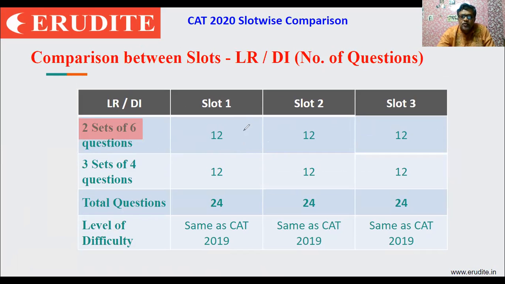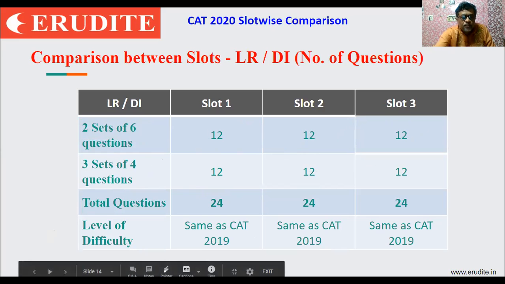We have seen one DI-based combo graph present. The same thing appeared here, where students wanted to leave this question. 3 sets of 4 questions each was the major point, but in all cases of slot 1, slot 2, and slot 3, the major requirement for success was the proper selection of questions.